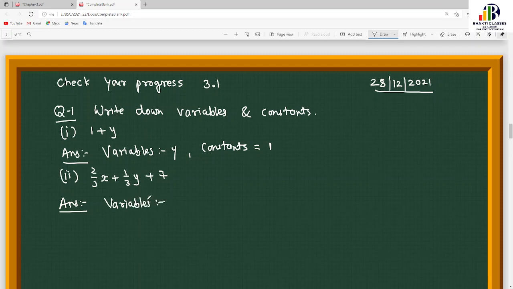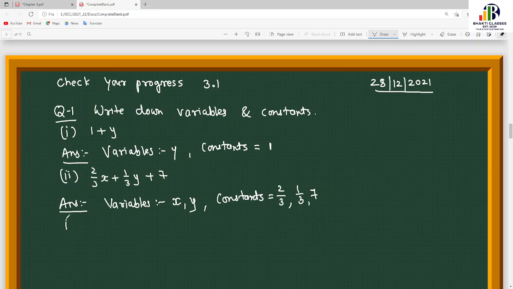While writing the list of the variables, coefficient must be omitted. So x and y are the variables and the constants are, with their coefficient also written, that is 2 by 3, 1 by 3 and 7. We must write the coefficient of the variables.